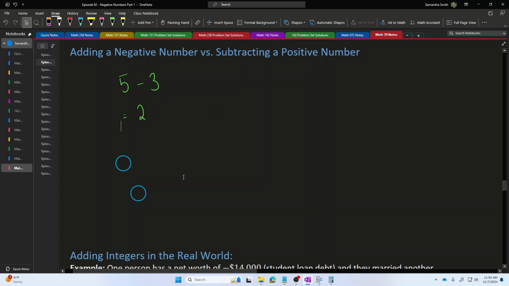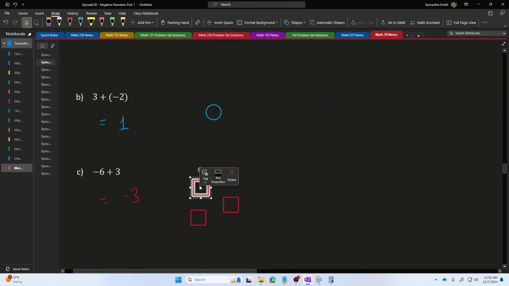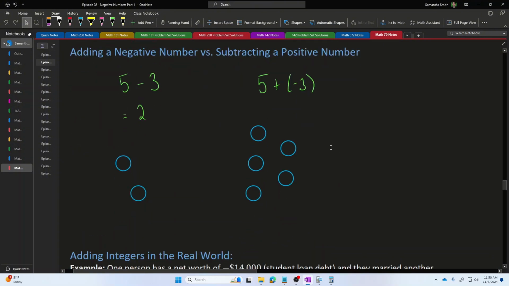I get exactly the same result if I add the number negative 3, right? If I start out with 5 positive units and then I combine that with 3 negative units, then those 3 negative units cause 3 of those positive units to be canceled and deleted.